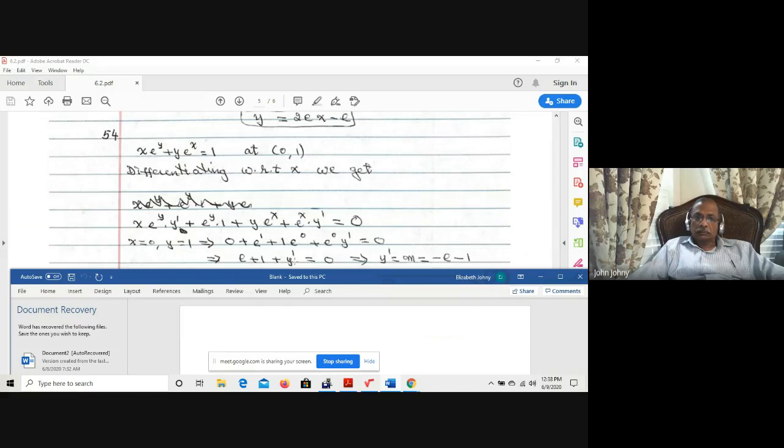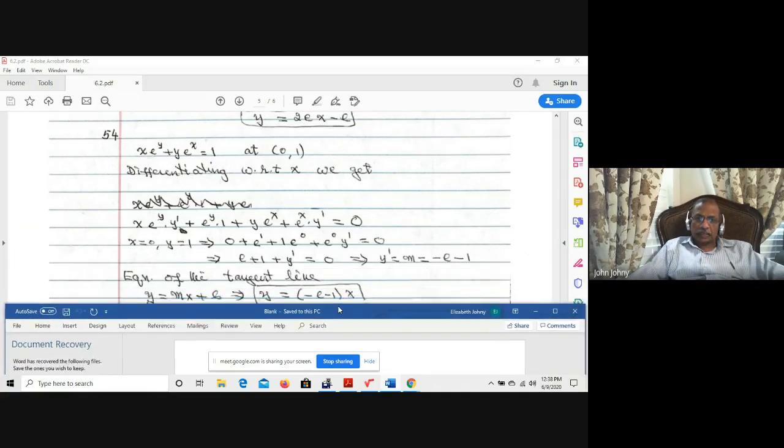So you have e to the 1 is e, plus 1 times e to the 0, that's 1, so you get e plus 1 plus y prime is equal to 0. Now you solve for y prime, which is equal to negative e minus 1, subtract e and subtract 1.